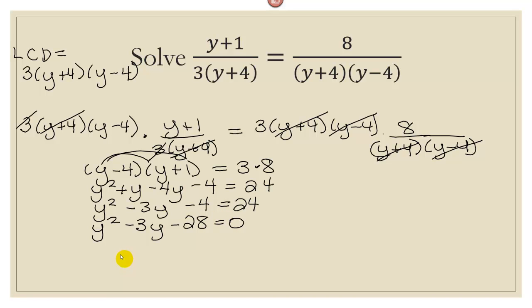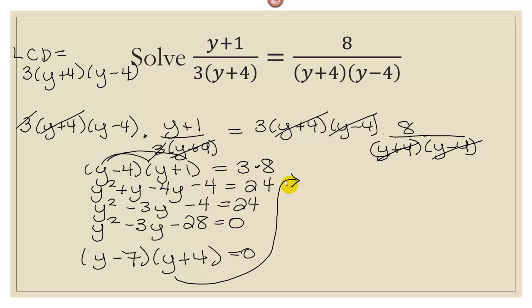Okay, so let's factor this. Just going through my head, what would work? Well, 7 times 4 does give you 28, and 7 minus 4 gives you 3. So it seems like the factors here would be y minus 7 and y plus 4 equals 0. So now let's continue this over here.